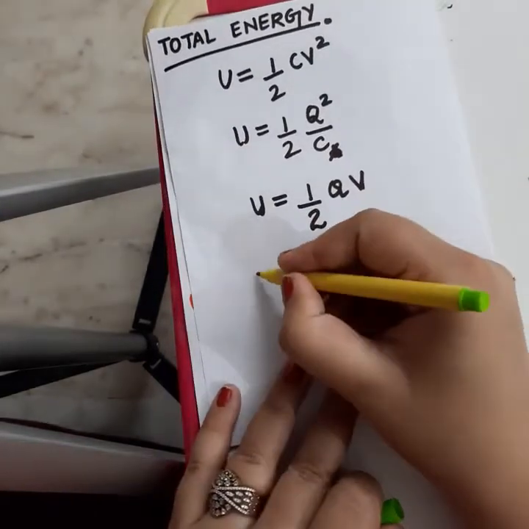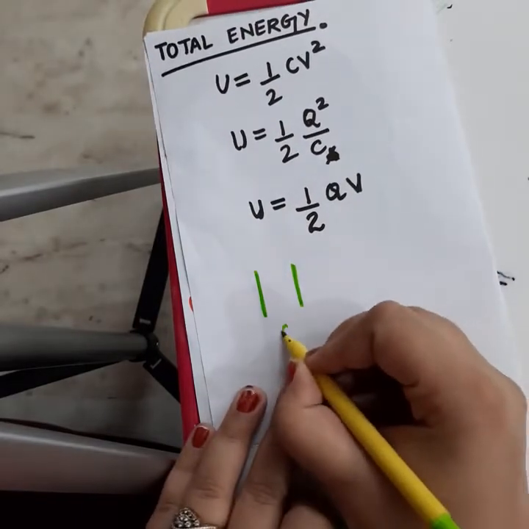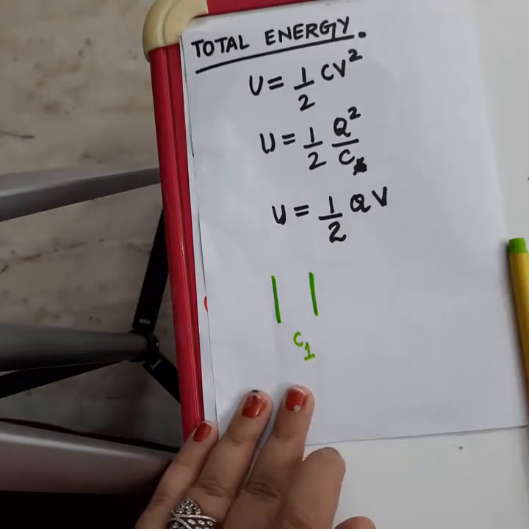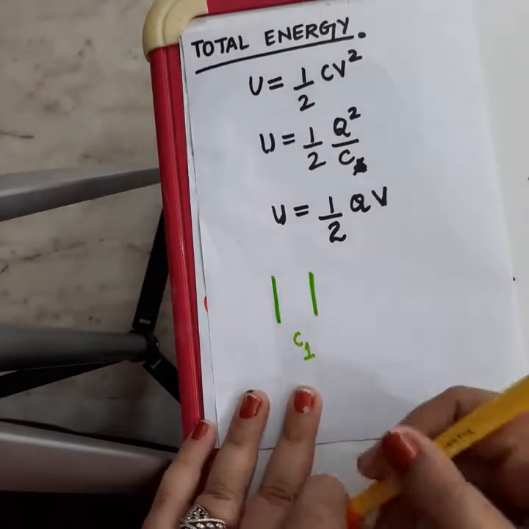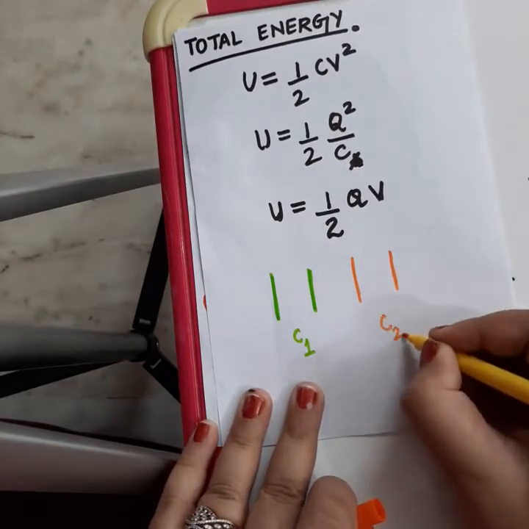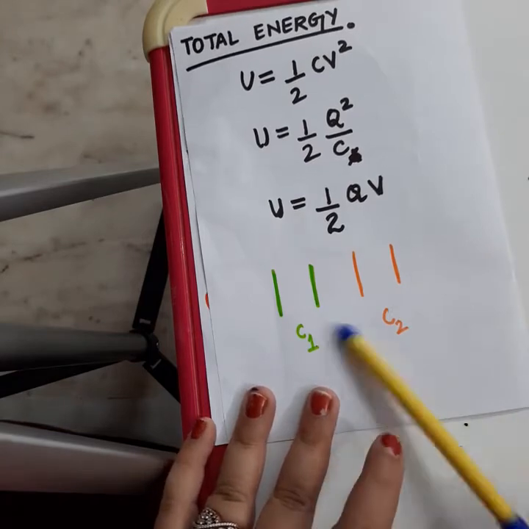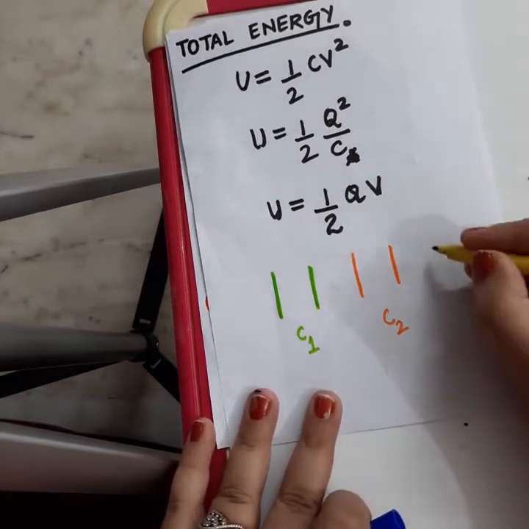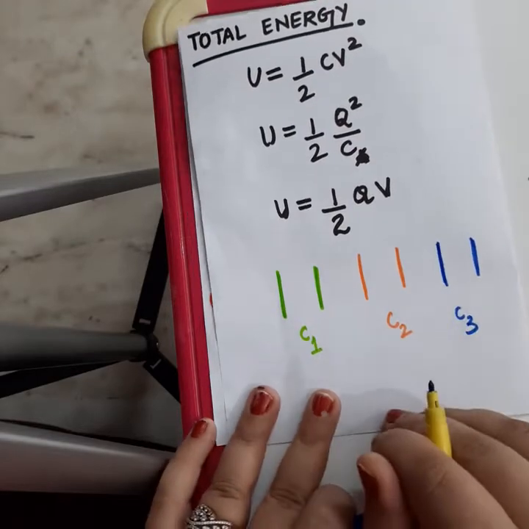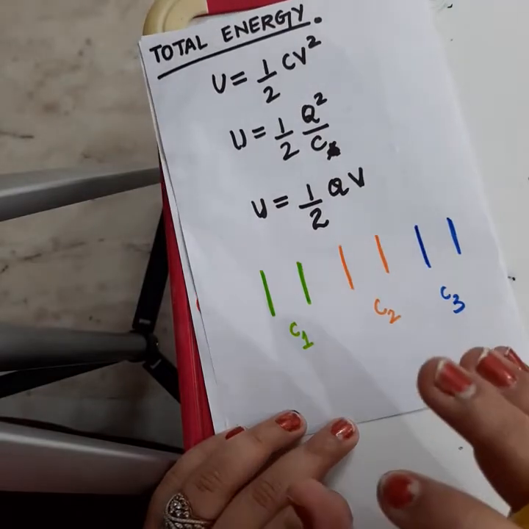Suppose you have this as a capacitor having capacity C1, one more capacitor having capacity C2, then there is one more capacitor having capacity C3. For the sake of convenience, I am just drawing three capacitors over here.